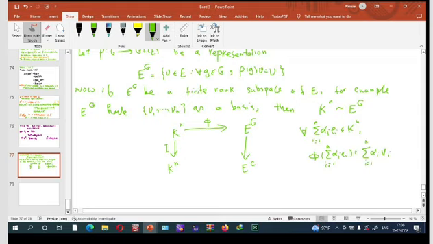We know that this is an element of E^G, and E^G is a subspace of E. So e1 must map to v1 and en to vn. Okay.